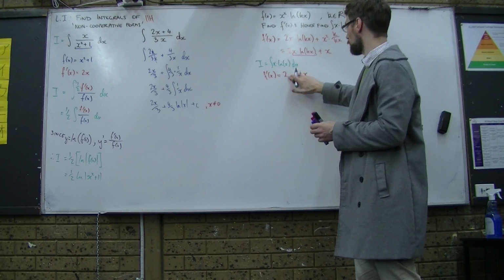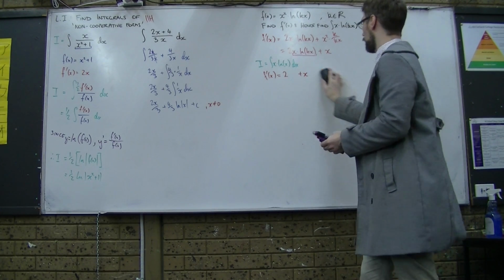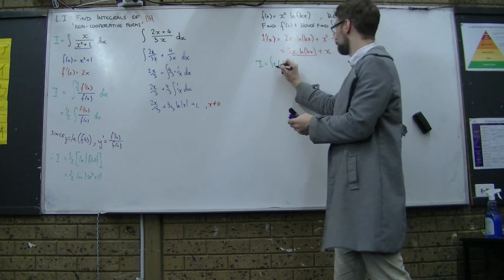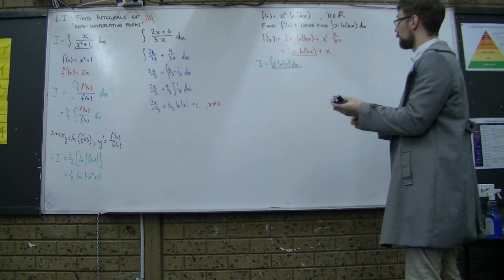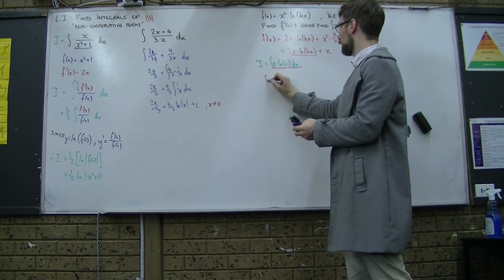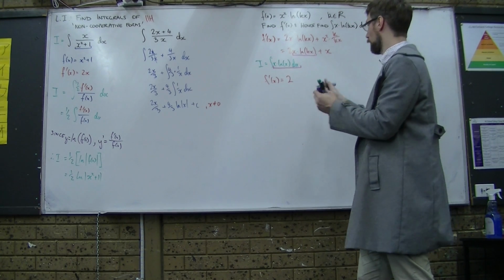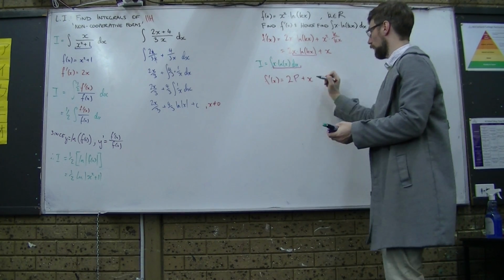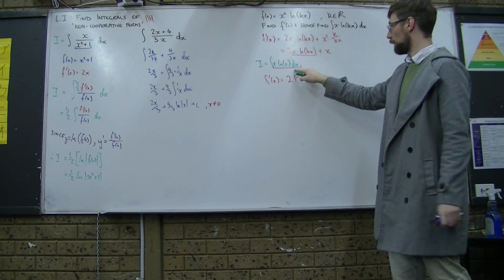I've got to change my notation here because I'm complicating myself a bit. We'll do this actually. We'll do that pink bit. Okay. So I've got f prime of x equals 2, I'll call this the pink bit, plus x. Brilliant. What do I want to do to the pink bit?